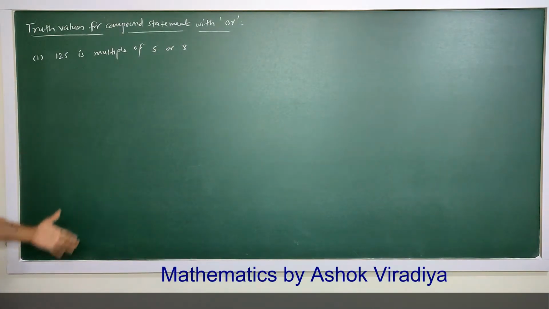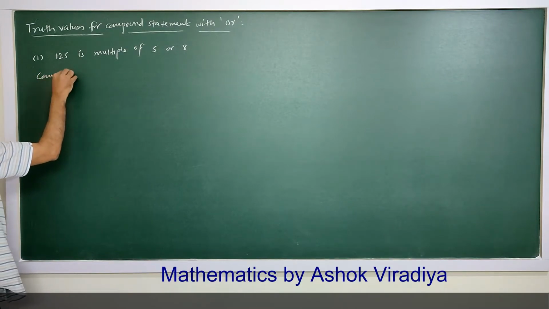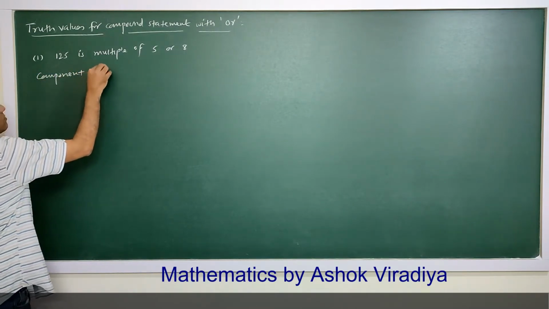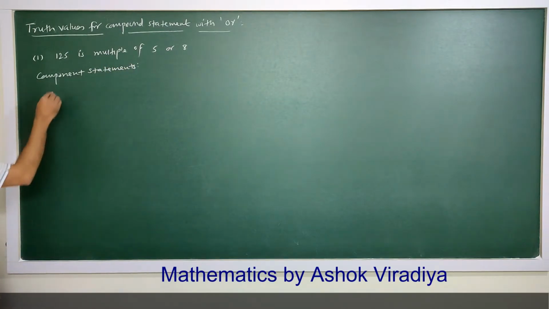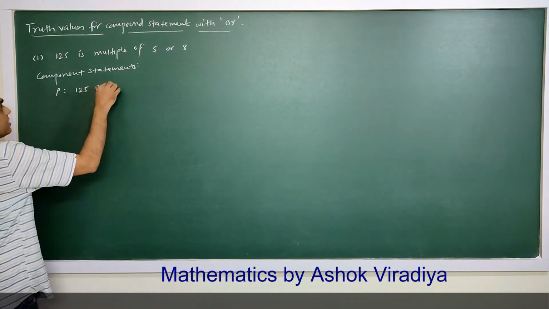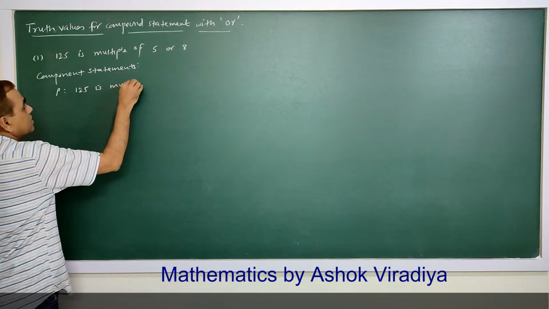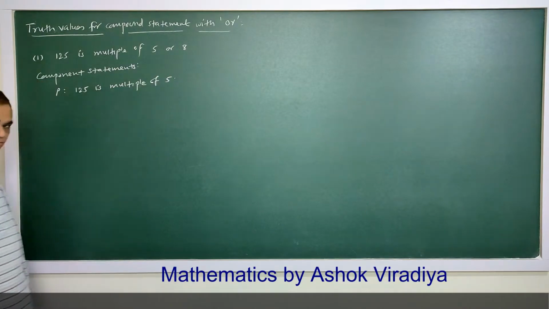Say this compound statement includes two component statements. Here I am putting component statements. Suppose first component statement is, it includes 125 is multiple of 5.